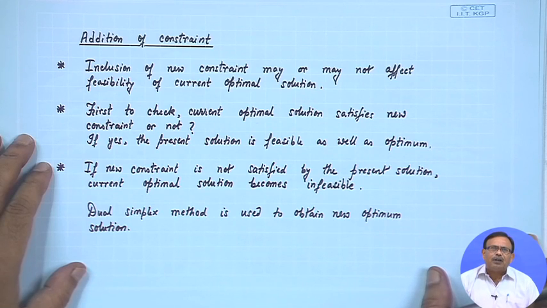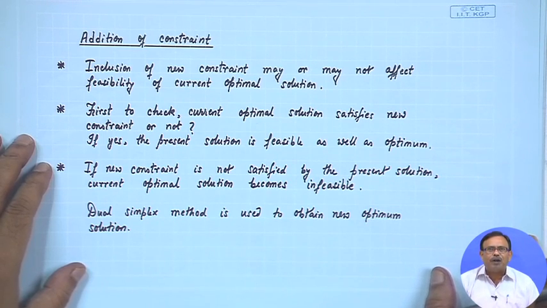But if the new constraint is not satisfied by the present solution, then your current optimal solution will become infeasible. So, in that case we can use the dual simplex or some other methods to obtain the optimal solution, that we will see.